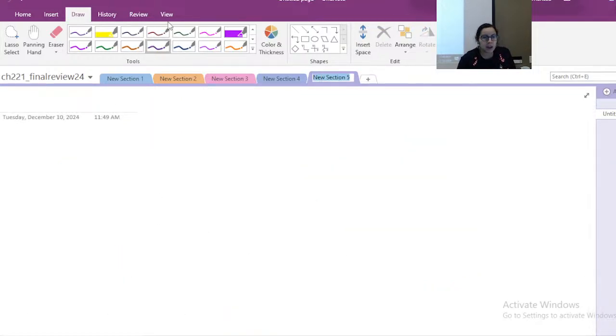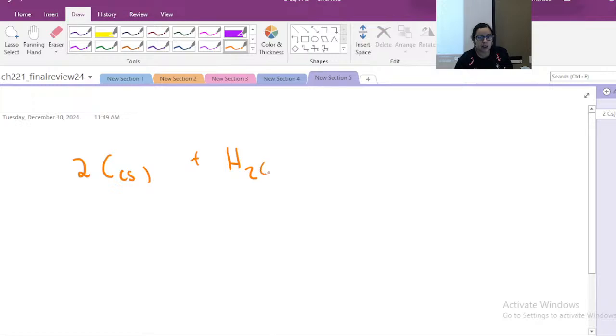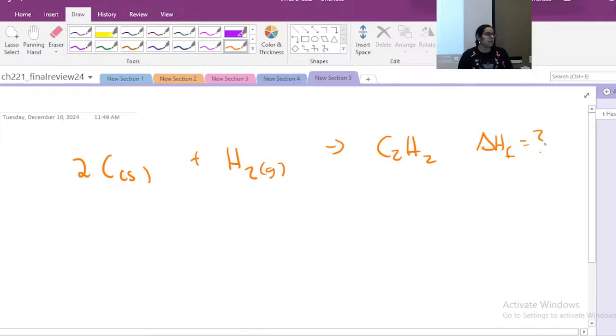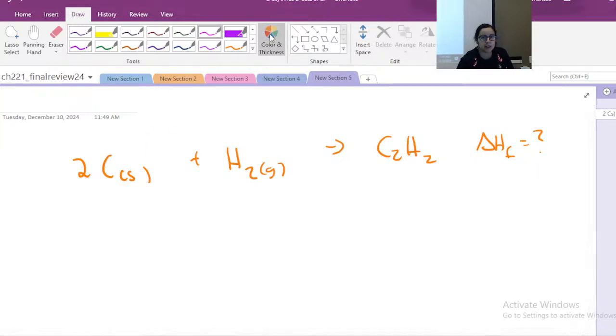And so we're looking at another standard enthalpy of formation where we can take 2 atoms of carbon plus 1 equivalent of hydrogen gas to give us C2H2. And so, of course, we want to figure out the change in enthalpy for this. And so we are given the following.